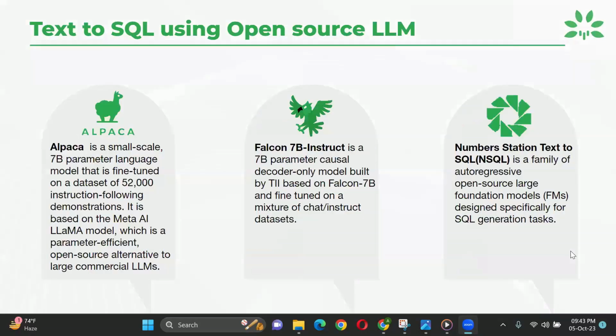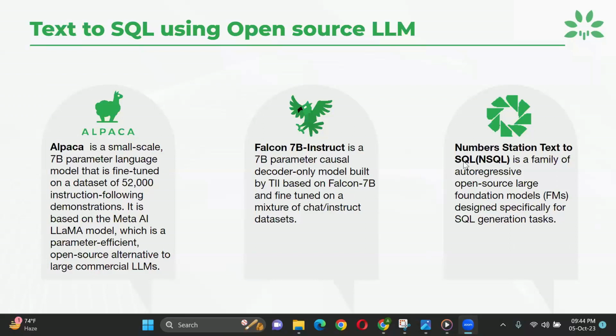Also, in many scenarios, we see that customers do not want to use OpenAI models due to data constraints. They don't want to expose their data, or they have some inhibitions and apprehensions about that. So there are open source models available for this purpose, which can be used. Some of these I've listed here. Alpaca is a popular one.